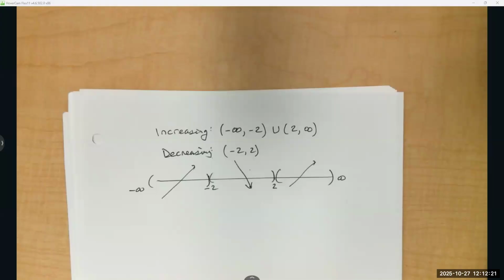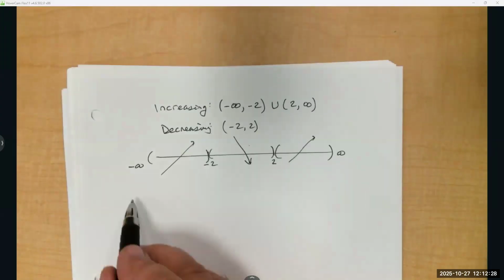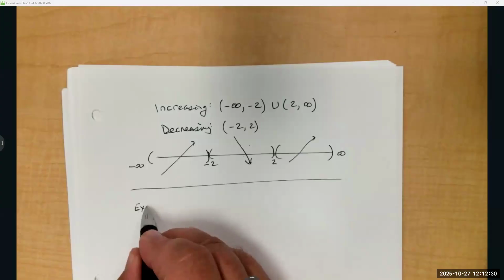Any questions? Let's look at another one. Let's make up one.